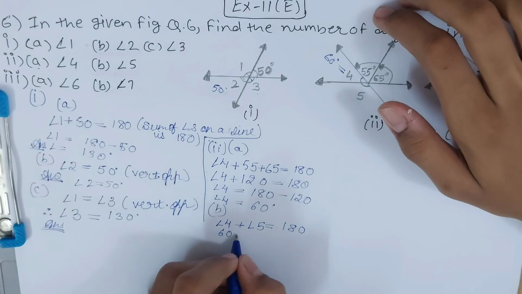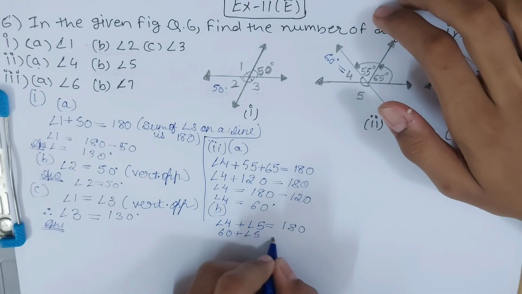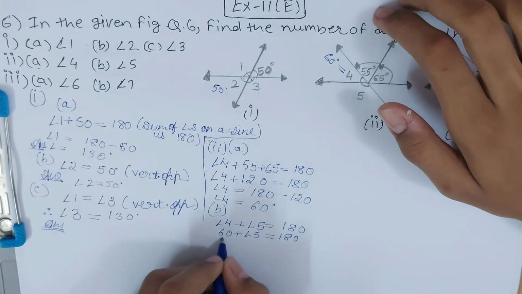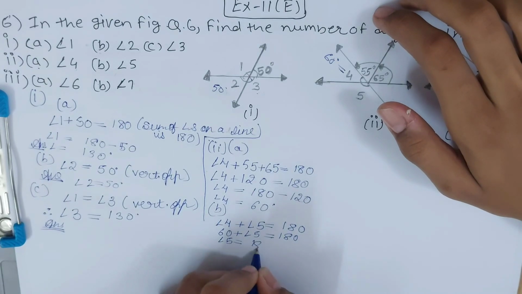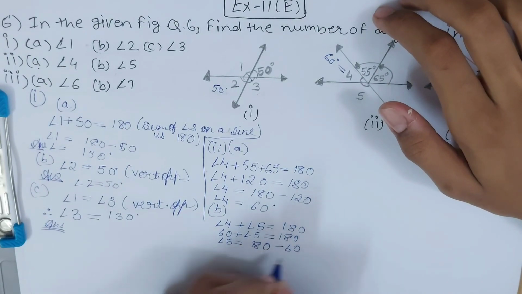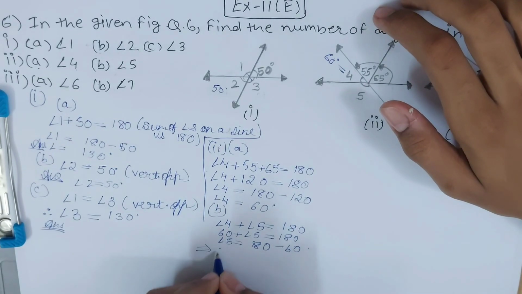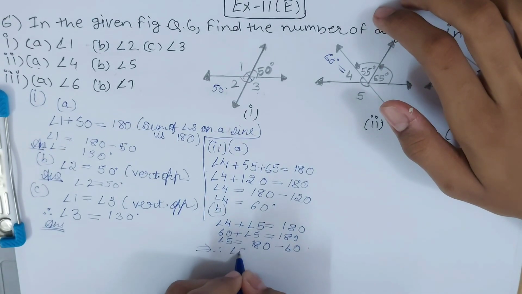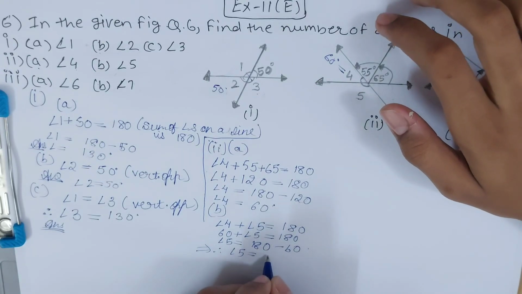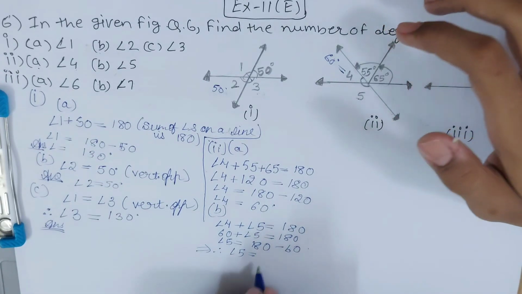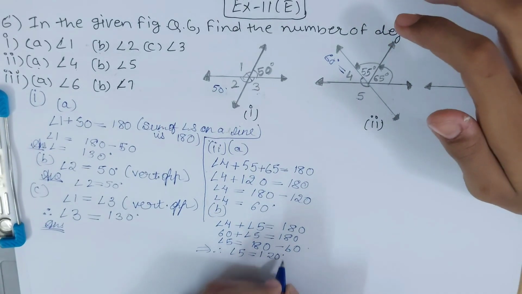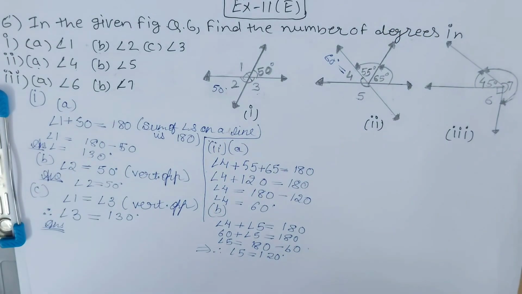Angle 4 is 60 plus angle 5 is 180. So angle 5 is equal to 180 minus 60, right? Therefore angle 5 is 120 degrees. That becomes your answer.